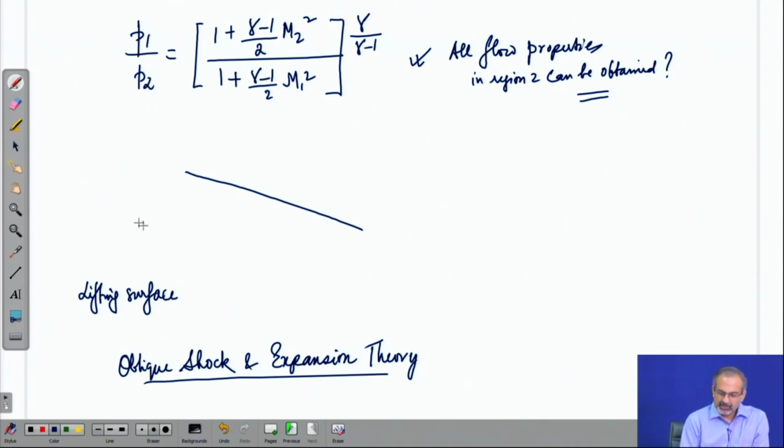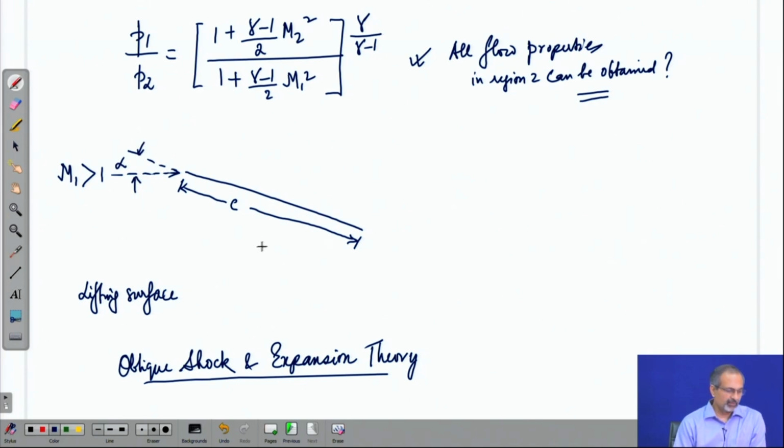Let us see. So, the flat plate which has a chord length say c is immersed into a supersonic free stream which is approaching it, and we have an angle of attack alpha here. All right. Now, look at the inclination of the surface.